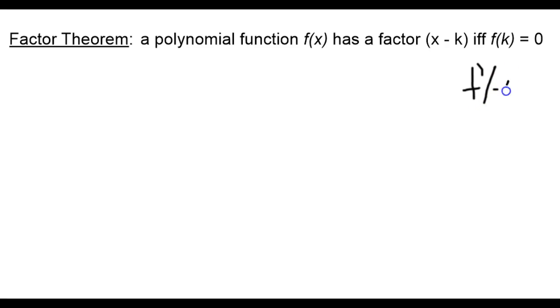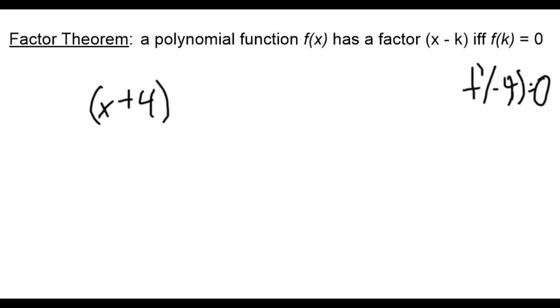F of negative 4 was equal to 0. So by this definition, that means x plus 4 would be a factor of that original polynomial.